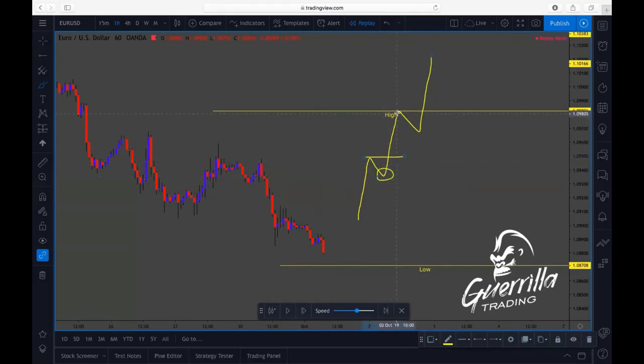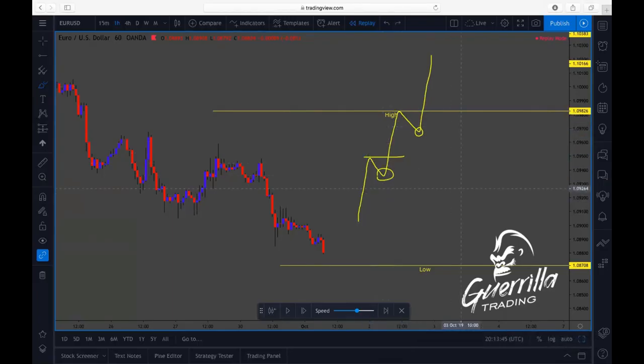Then we break it again, we pull back, and as soon as we take out that recent high again, it confirms that this is the most recent low. So we want to identify these highs and lows on our charts so that we know where we are, whether we're on an uptrend or a downtrend.